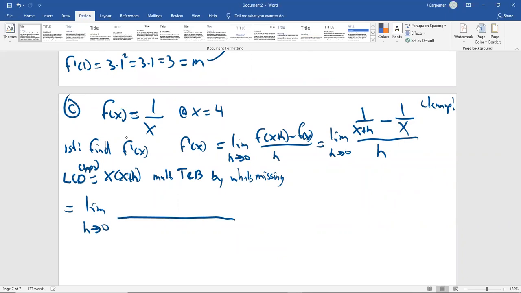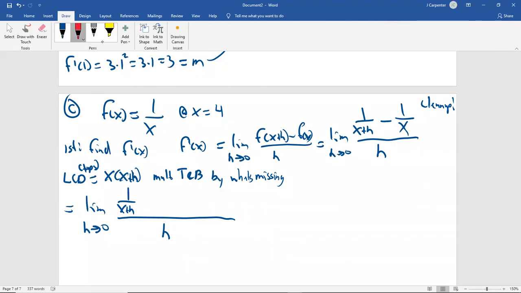I am leaving the h alone in the bottom. The 1 over x plus h needs to multiply top and bottom by x. That's the missing factor from the LCD. That's how we get LCDs. That's the more normalized way of doing things. LCD is the product of everything, x plus h and x.